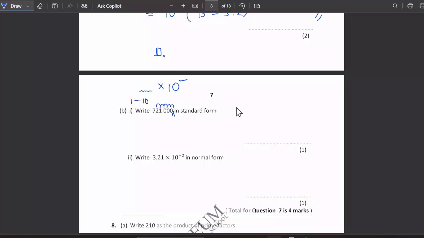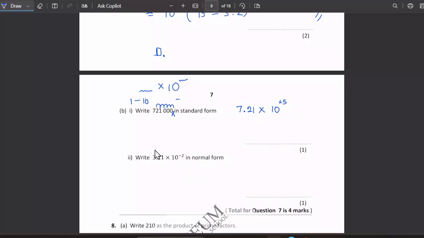After that we will get 7.21 times 10 to the power positive 5, since we moved to the left. If we go to the right hand side, we put it as negative. Okay. So let's see this. Write this in normal form.